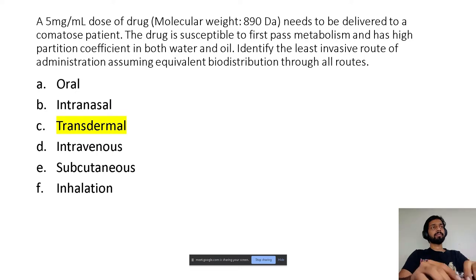Sir, through the intranasal route, can 5 mg per ml be accurately given? Yeah, you can. The patient will still be breathing, right? There are intranasal formulations where you can give accurate doses.